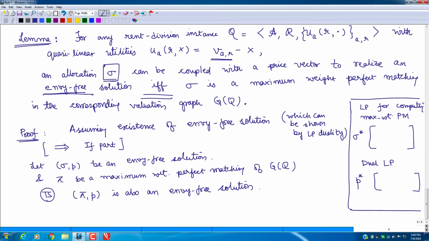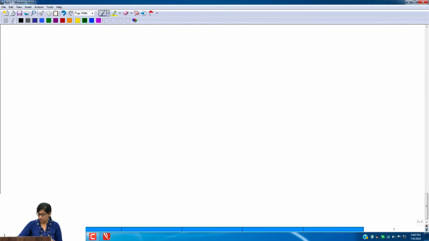So in a way, what I'm proving is, you take a maximum weight perfect matching pi, it can be coupled with a price vector such that pi comma p becomes an envy-free solution for the same instance Q. I'm assuming that pi was a maximum weight perfect matching.